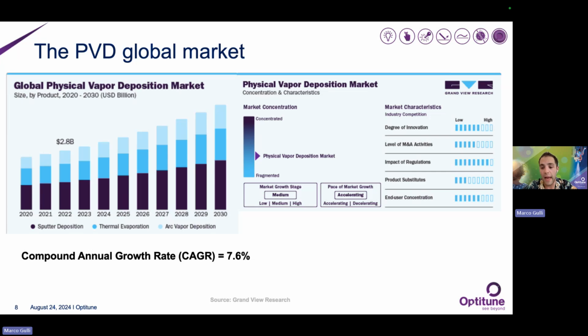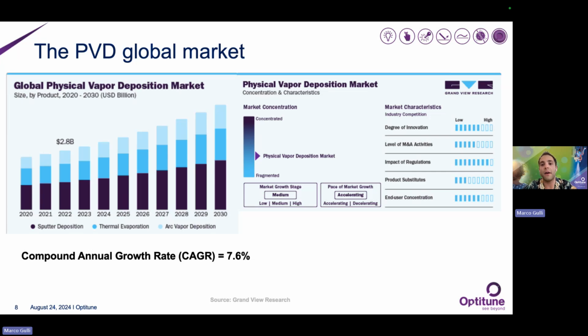And this indicator actually refers to the revenue increase between 2 consecutive years. And of course, we can see that most of the market is led by sputter deposition and thermal evaporation together. And arc vapor deposition represents usually the smallest part of the market.